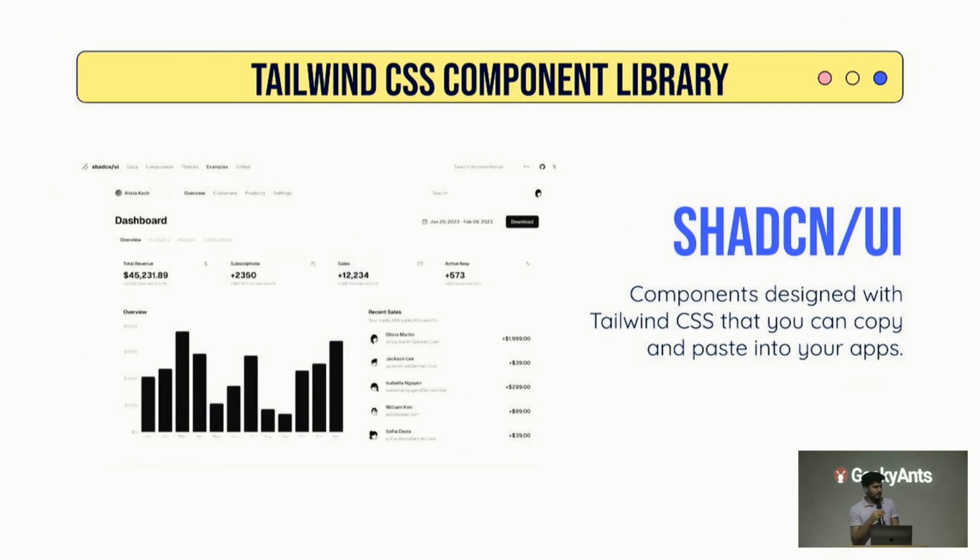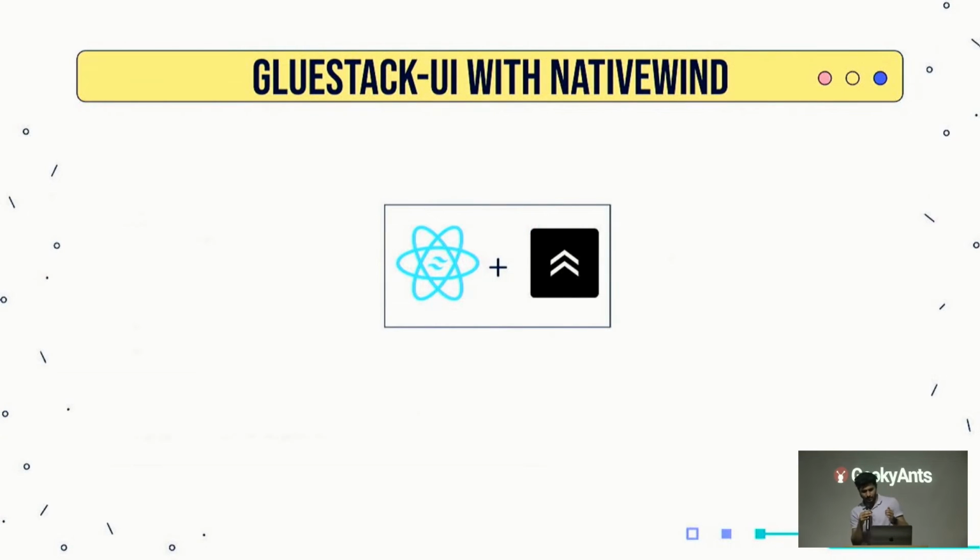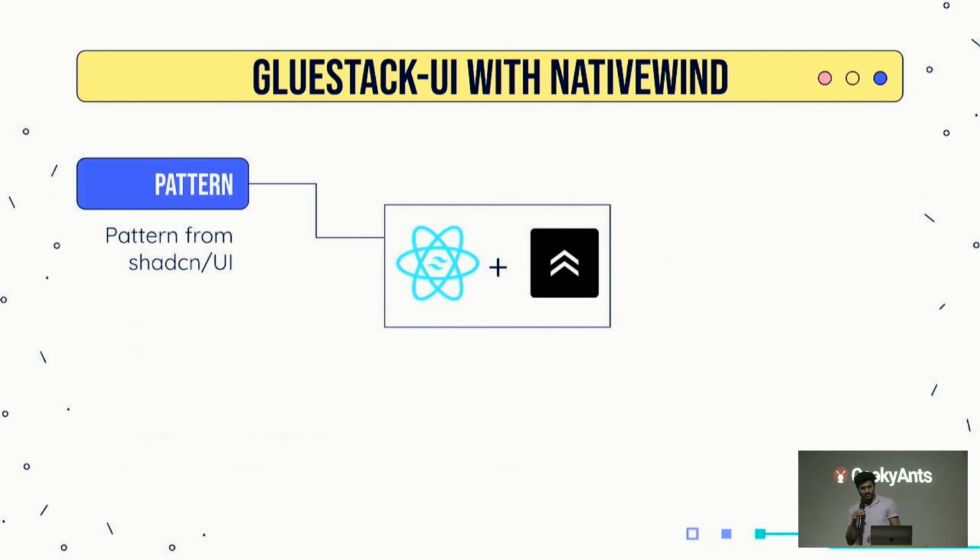Speaking about Tailwind CSS component libraries, the most famous one for Tailwind is Shadcn-ui. Many of you may know about it, because it got 23,000 GitHub stars last year. This is how we built gluestack-ui with Nativewind. We got patterns from Shadcn-ui: all the copy-pastable elements and the way of styling.